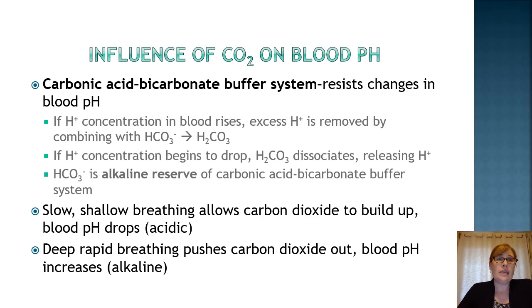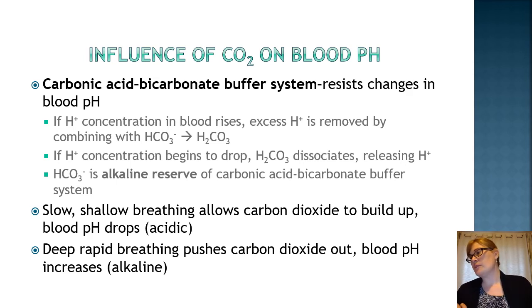So if the hydrogen ion concentration in blood rises, remember, a lot of hydrogen leads to a lower pH, which means it's going to be very acidic. So if hydrogen ion concentration in blood rises, excess hydrogen is removed by combining it with HCO3 to make H2CO3.